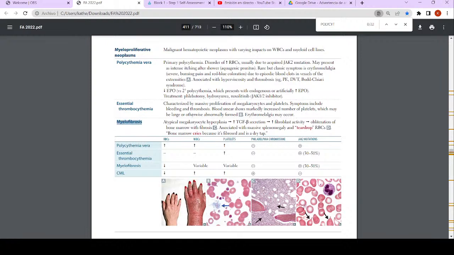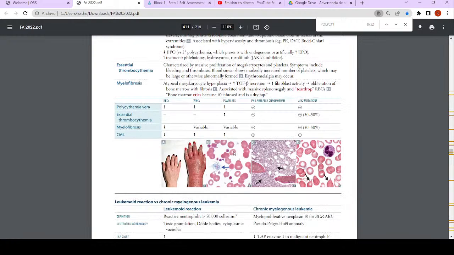And myelofibrosis, atypical megakaryocyte hyperplasia, can lead to a rise in TGF-beta secretion that leads to more fibroblast activity, obliteration of bone marrow with fibrosis associated with splenomegaly and teardrop RBCs. Here are the teardrops. Bone marrow yields a dry tap because it is fibrous.